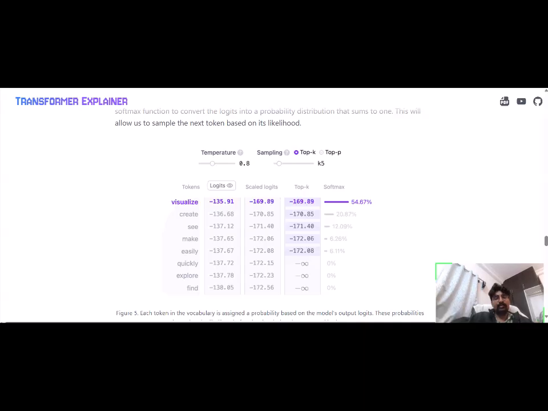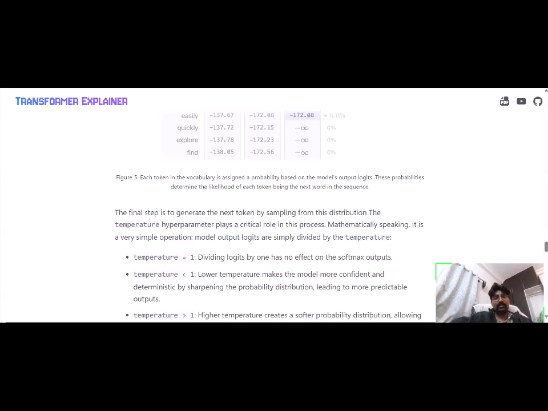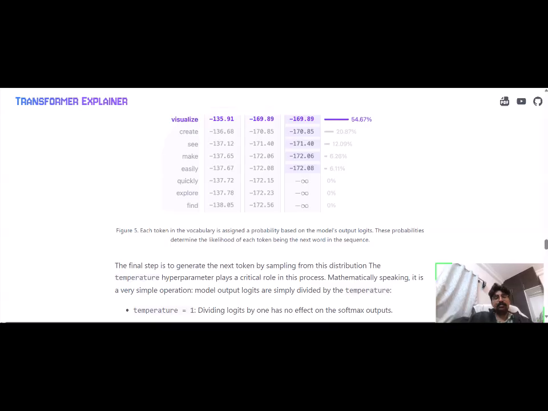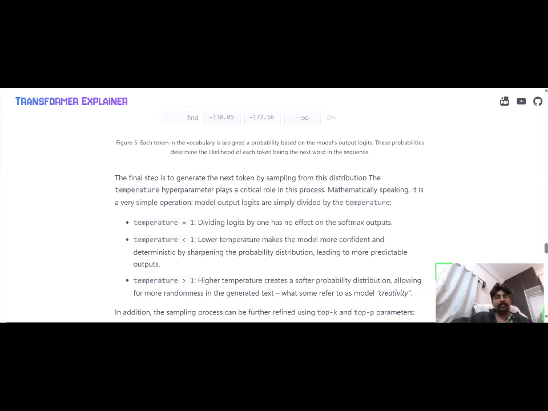So we get a probability distribution, called the logit. Temperature is simply a number that divides the logit. If the temperature is less than 1, it increases the probability of top tokens, meaning you get a more deterministic output.